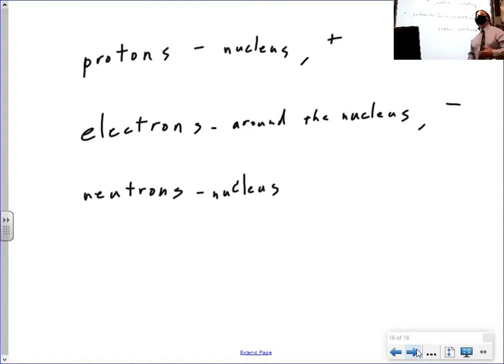Ernest Rutherford did something called the gold foil experiment, where he shot atoms through gold foil, and the atoms just went through because most of the atom is empty space. All of the mass is that tiny little nucleus in the middle. Protons and neutrons, that's where you get your mass. Protons plus neutrons.